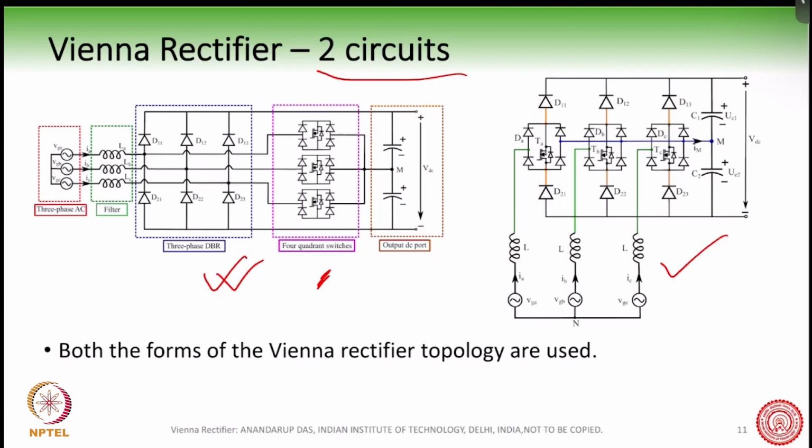But the analysis is absolutely identical to this format also. Only the conduction losses will change and the path of the conduction will change. So whatever analysis we do is equally applicable to both the circuit formats.